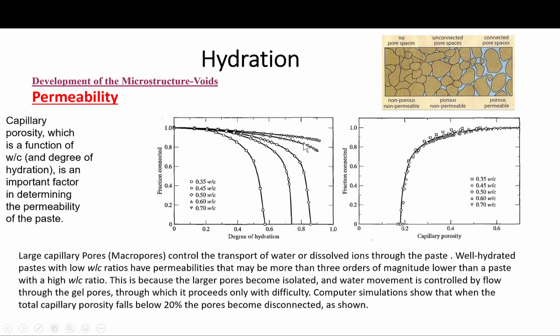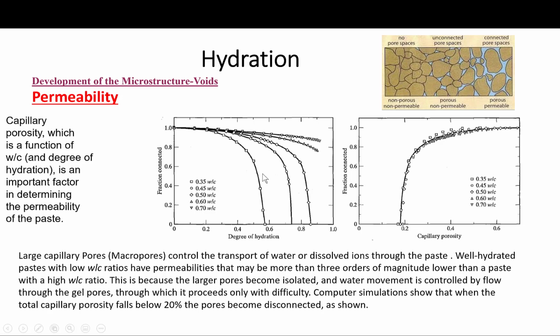So as we decrease the water cement ratio, for all degrees of hydration, the fraction of the pores connected becomes lower, as you can see.